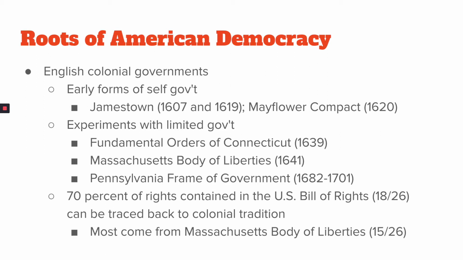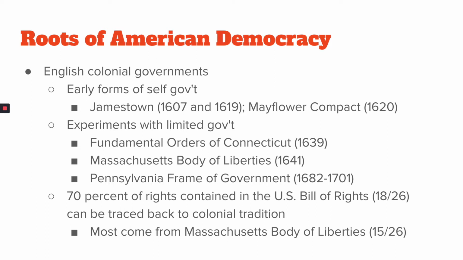Other roots of American democracy are going to come from these early colonial governments themselves. Early forms of self-government are expressed as early as 1619, which is when the colony of Jamestown in Virginia establishes a town council. That's the first example of European-based representative government in the English colonies.